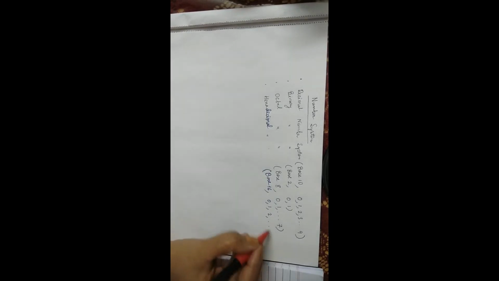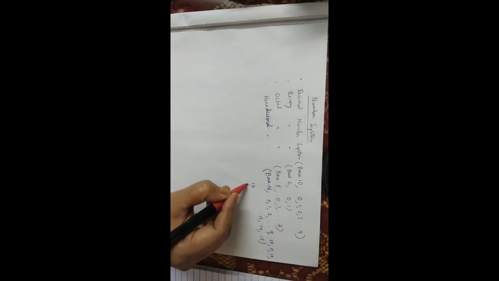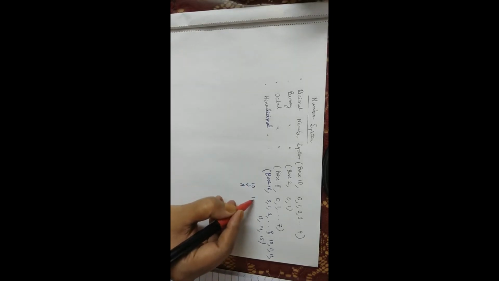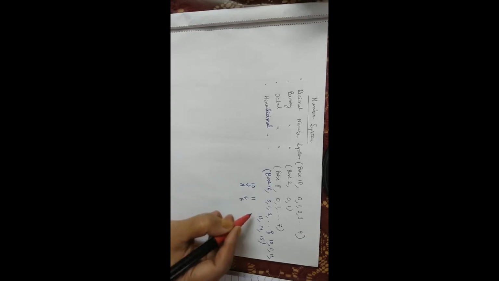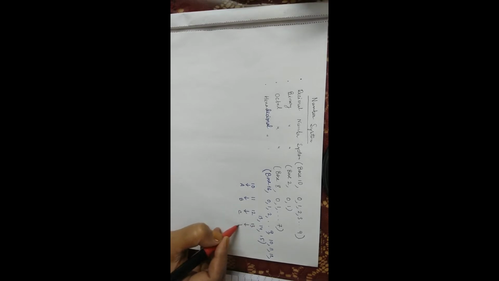Suppose we write up to 9 here, then 10, 11, 12, 13, 14, 15. Now 10 can be represented as A, 11 as B, 12 as C, 13 as D, 14 as E, and 15 as F.